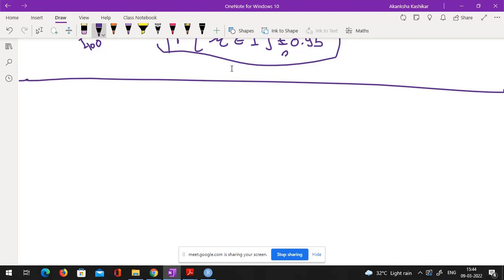So in Bayesian philosophy, we will say that suppose my mu itself has some probability distribution f, which would be called the prior distribution. So the probability distribution of the parameter would be called the prior distribution.